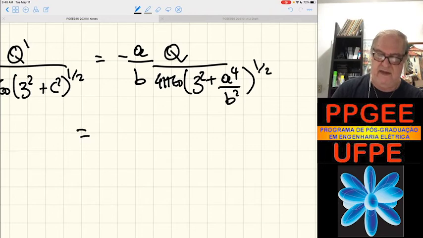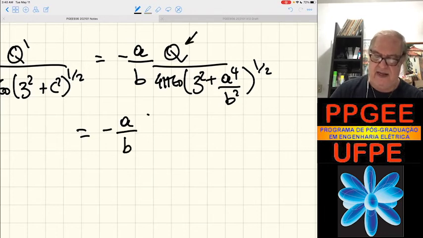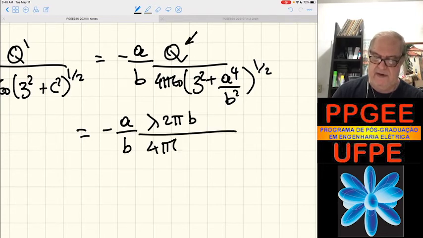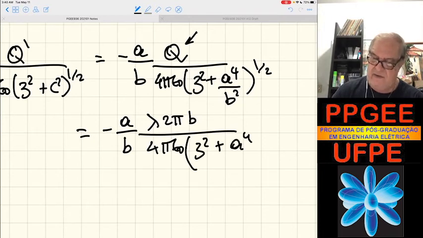So this is minus a over b, q, equals lambda times 2 pi b, over 4 pi epsilon 0, z squared plus a to the 4th power divided by b squared, to 1/2.